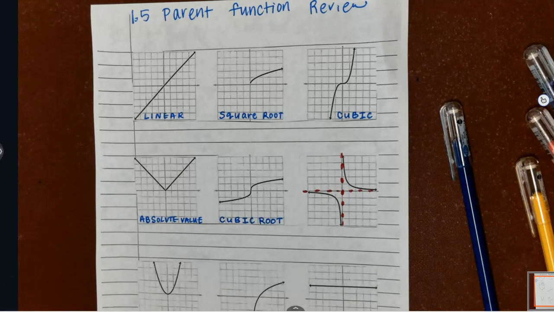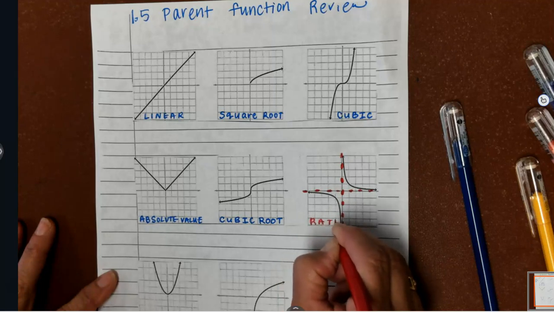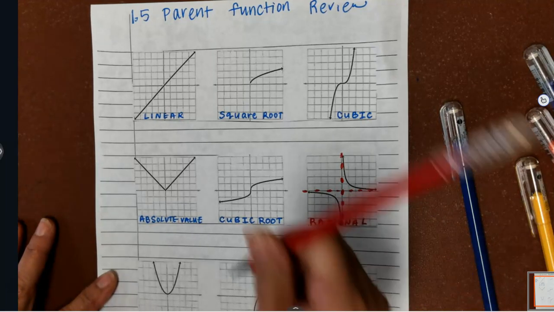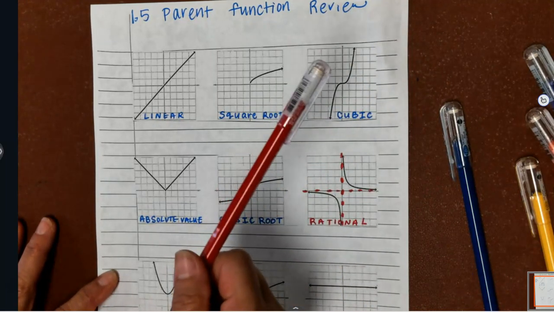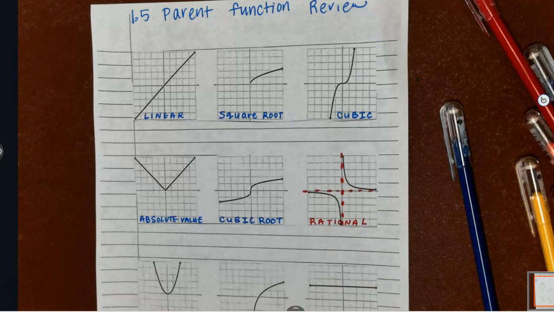The only way infinite discontinuities exist is from a fraction, and fractions are rational numbers. So that's a rational, and look, I used red on purpose because this is my asymptote pen. That's a rational function.